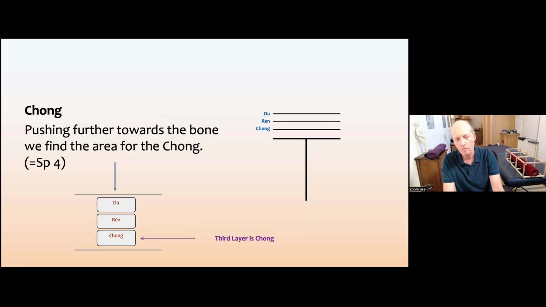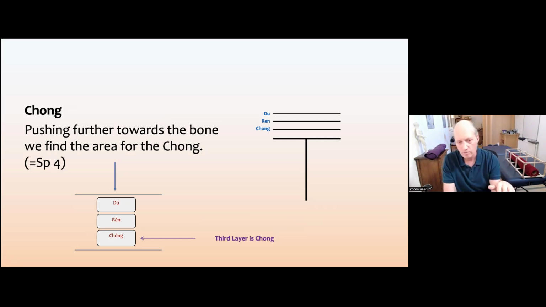If you split the space into three, it's the same as the three layers of the pulse: the upper, the middle, and the lower. Remember, the upper is for the Wei Qi, the middle is for the nutritive Qi, and the lower is for the Jing or essence.